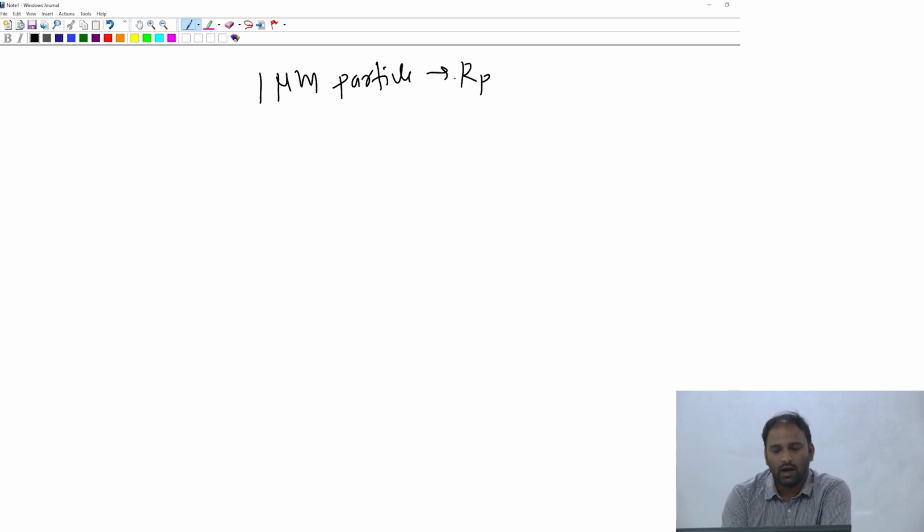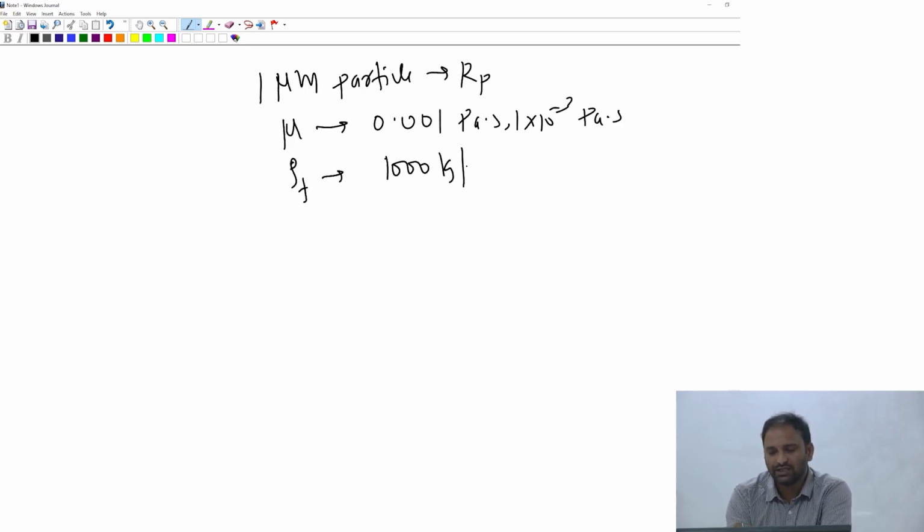Again, let's go back to the viscosity of the fluid being 0.001 Pascal second, or 1 times 10 power minus 3 Pascal second. The density of the fluid is again 1000 kg per meter cube. Let's take a particle with a density of, say, 1100 kg per meter cube.